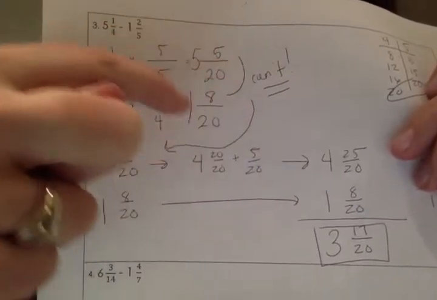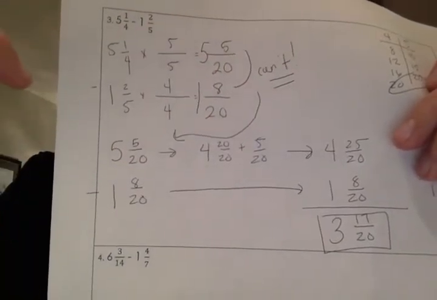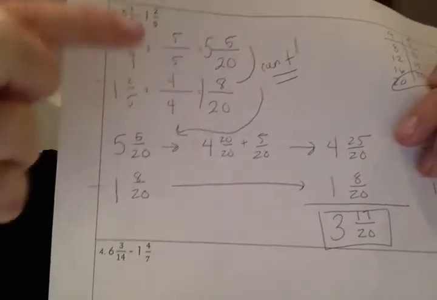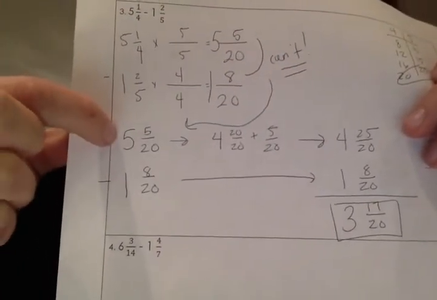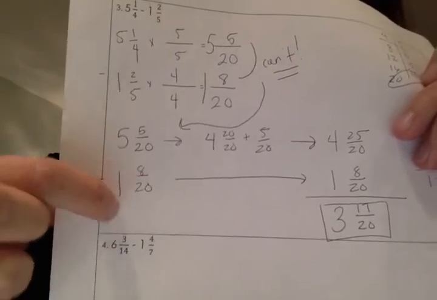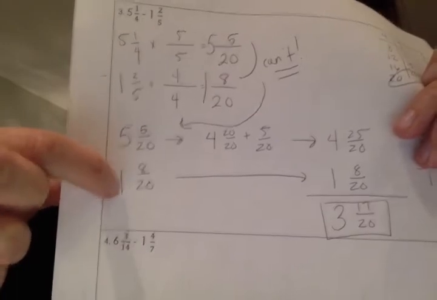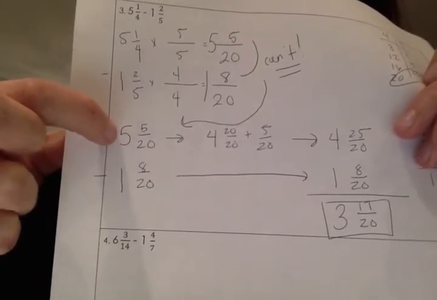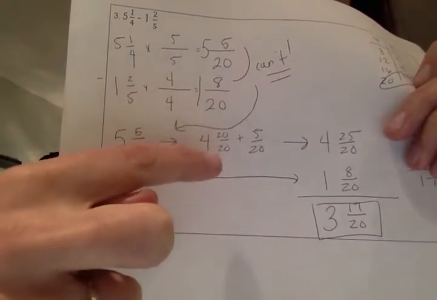But now, 5/20 minus 8/20, I can't do that. I'm going to squiggle my work over so that it's clear that I'm continuing. Reset up the problem. 5 5/20 minus 1 8/20. And I can regroup this. I can turn this 5 into 4 20/20.